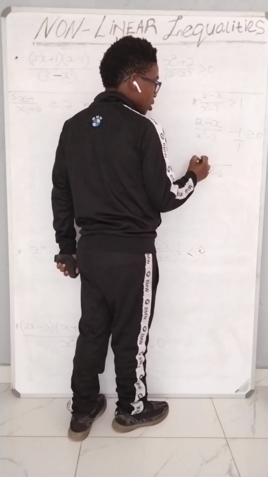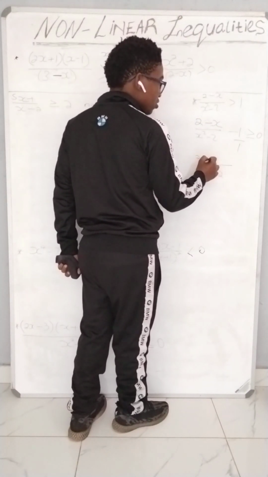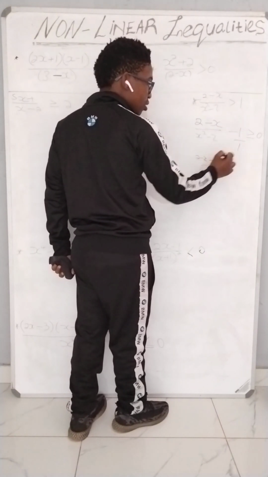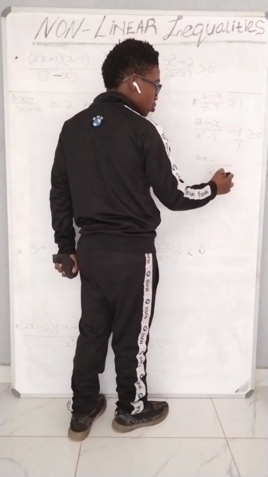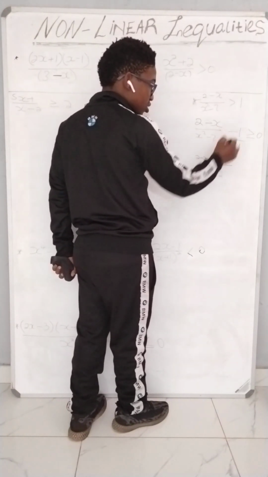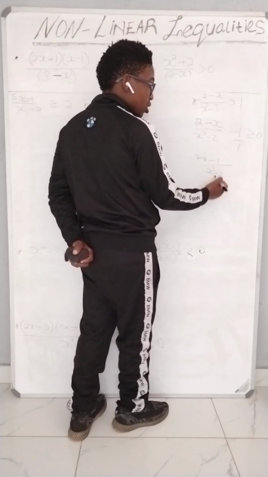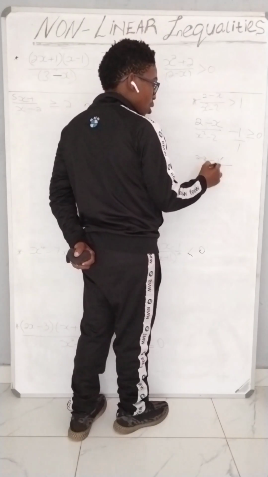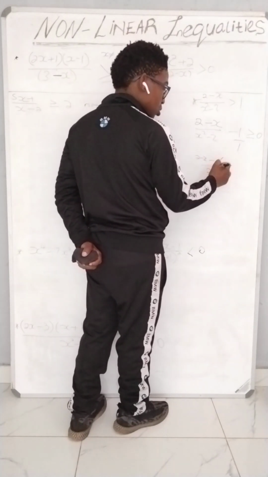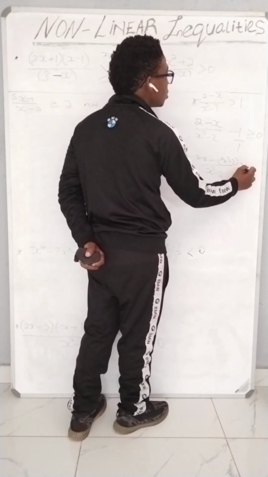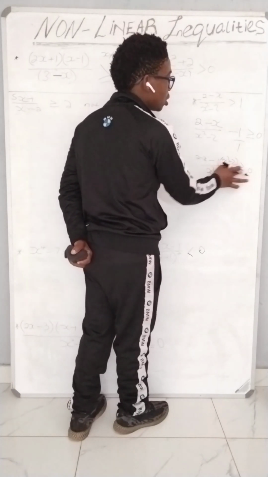1 times that is 2 minus x, and then 1 into that, you put this negative here, negative 1. 1 into this goes x squared minus 2 times, then you're going to say minus 1 times x squared minus 2 is greater or equals, no, not equal.